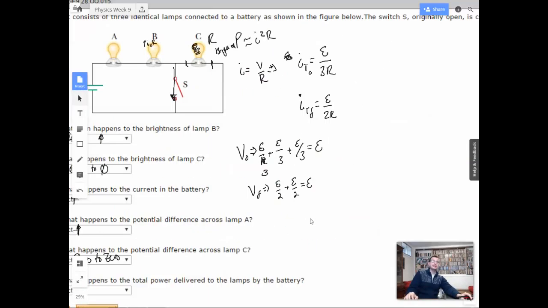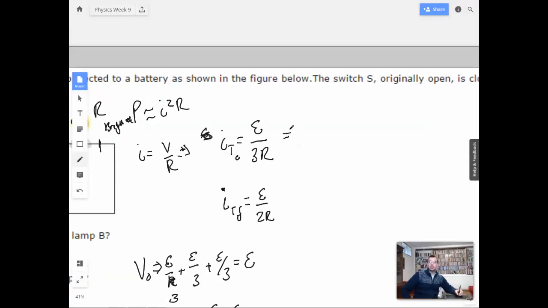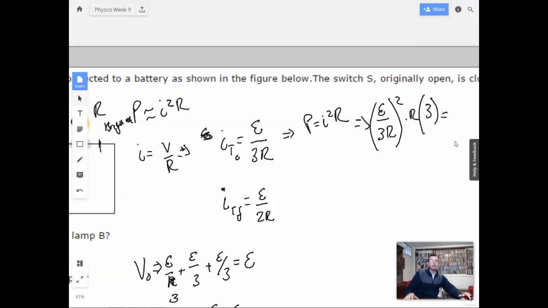What happens to the total power delivered to the lamps by the battery? I'm not quite sure of this one, so I'm just going to do it this way. Power equals I squared R. We know what the initial current is, and we know what the initial R's are. So I'm going to do epsilon over 3R, which is I. We're going to square it, I squared times R, and then multiply it by 3, since we have 3 lamps initially.